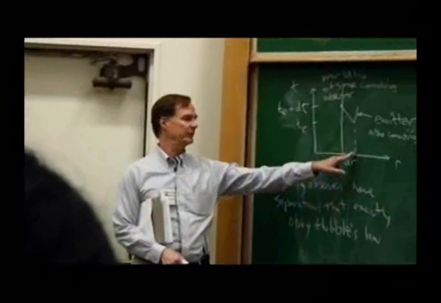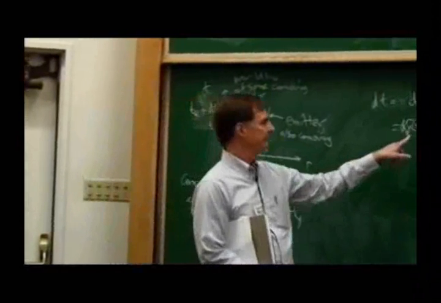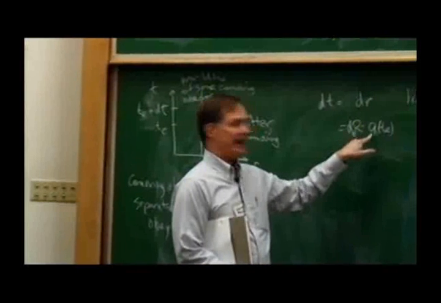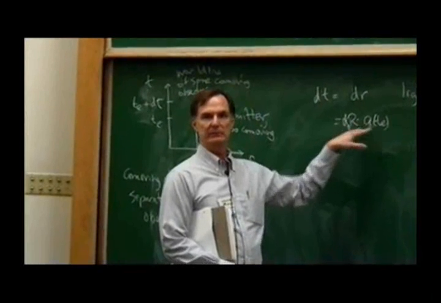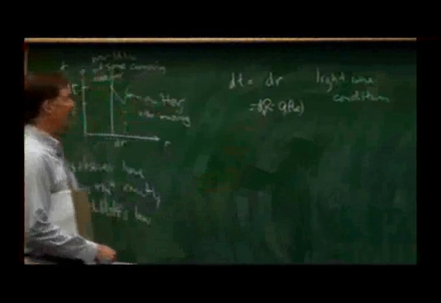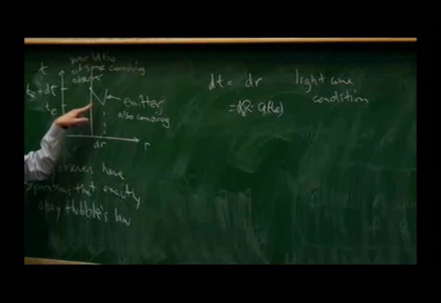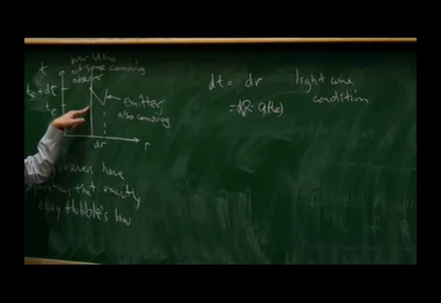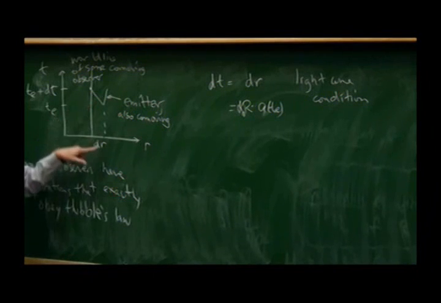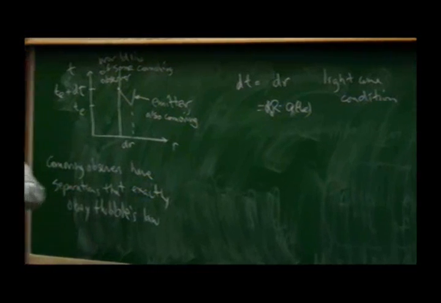Here I'm going to take this one to be, if you like, at r equals 0, this one to be at r0 times a. And a of t is universal for all pairs of galaxies. So the separation grows with a of t. The physical separation at time t sub e is a of t sub e times dr0. So that's the separation which the light has to travel.